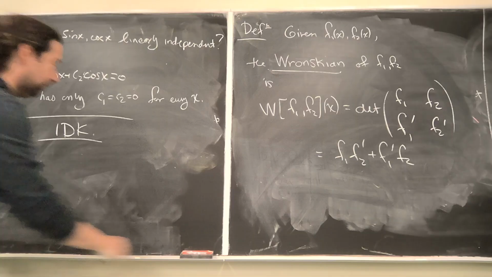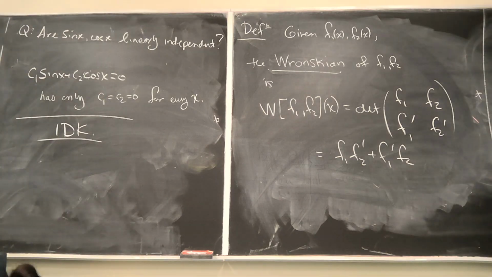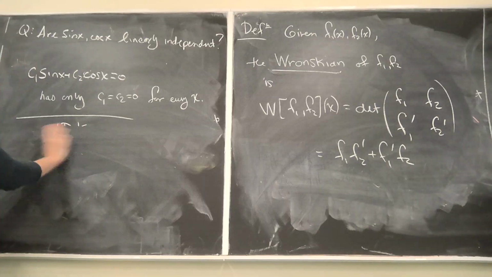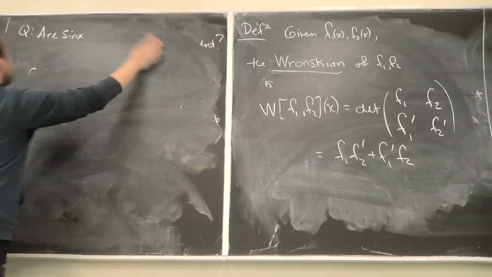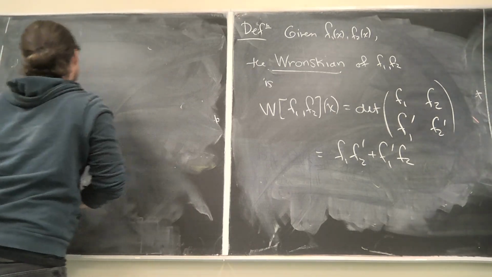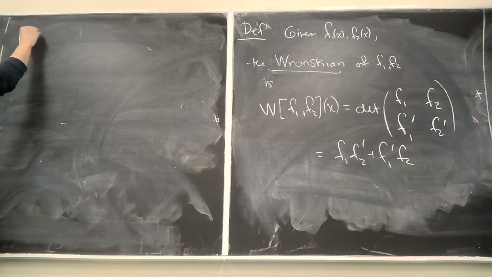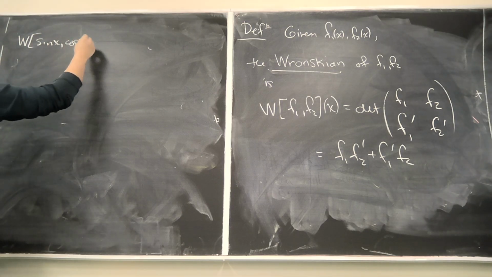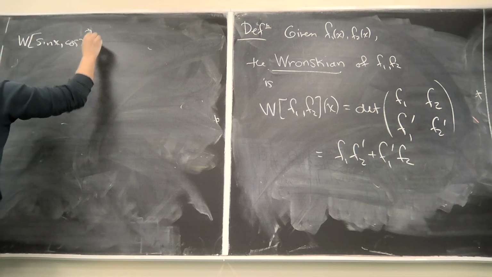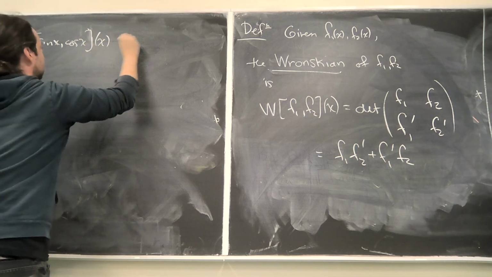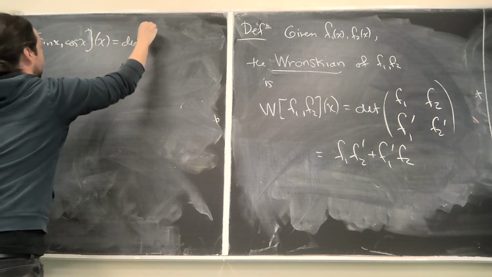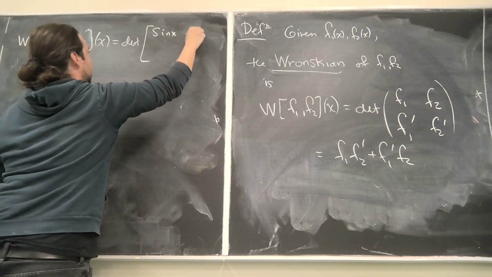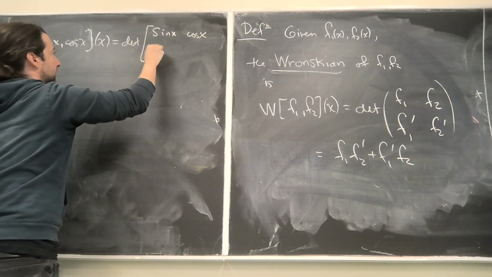So by way of example here, if I calculate the Wronskian of sine and cosine, the Wronskian of the sine of x and cosine of x as a function of x is the determinant of the matrix where I write the sine and cosine down, and then I write their derivatives.